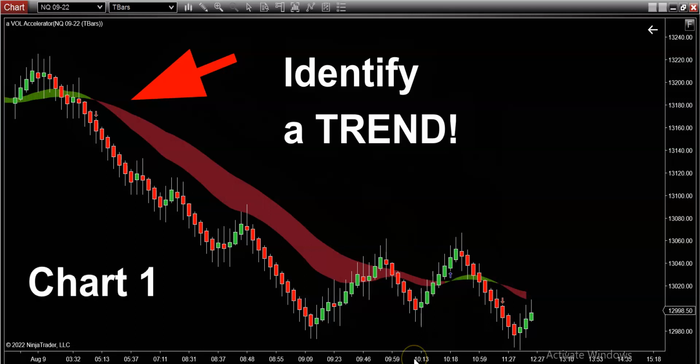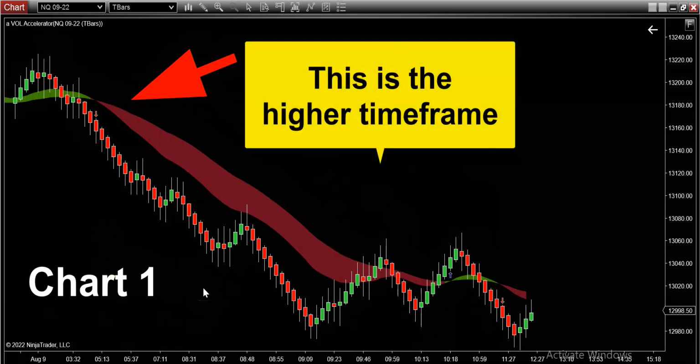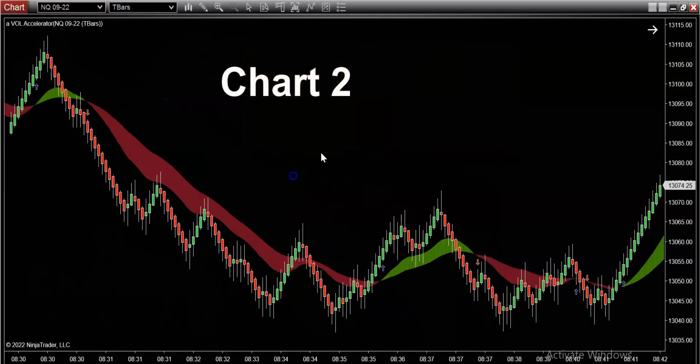Okay, so the first thing that I like to do when I start my trading day and I start looking at charts is I like to make sure that I have two charts open. And I'm going to show you guys how to set up this dual chart display. All right, right over here, the one that you've been looking at is what I call chart number 1, the higher time frame chart. Now I've also got another tab over here, and this is a smaller time frame chart.